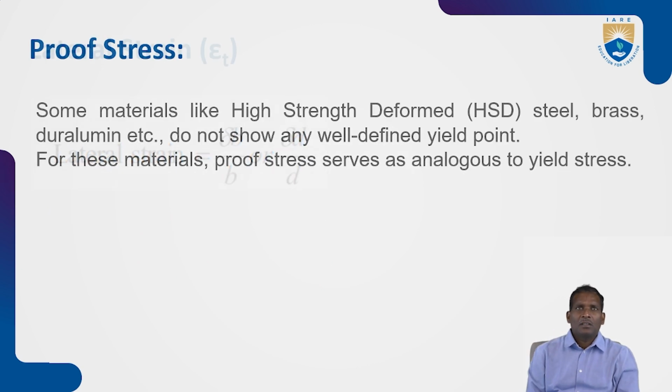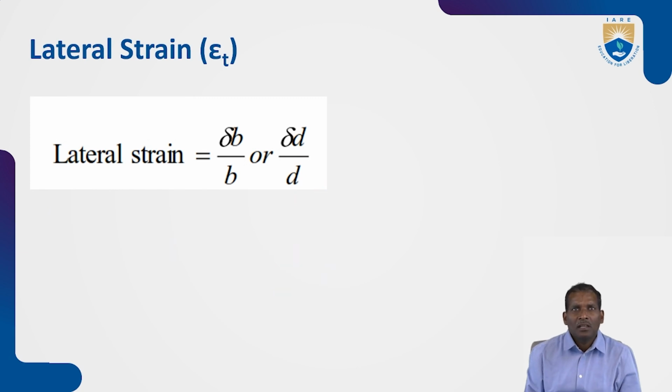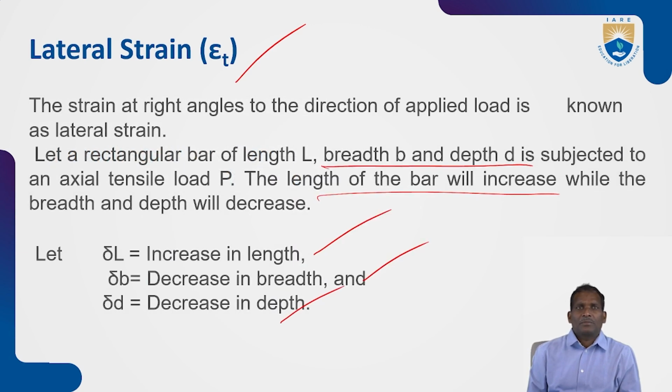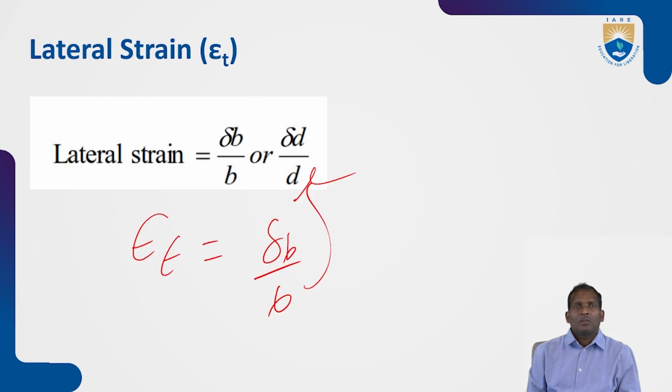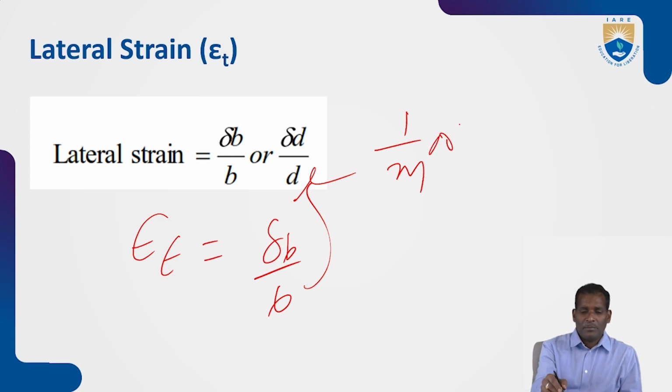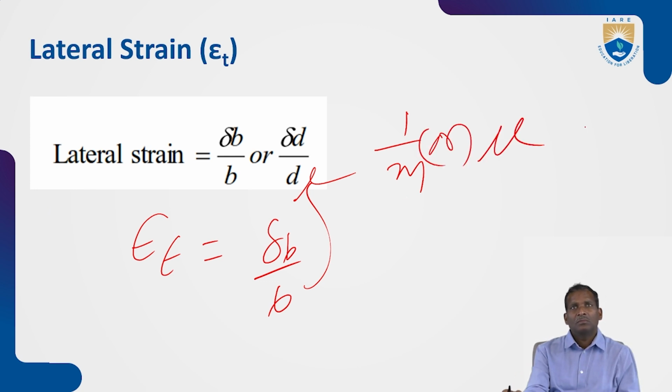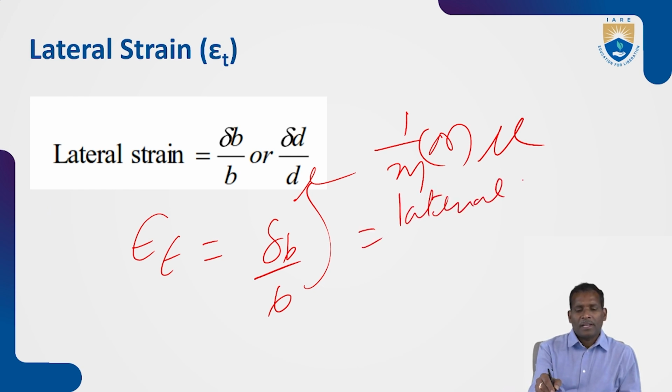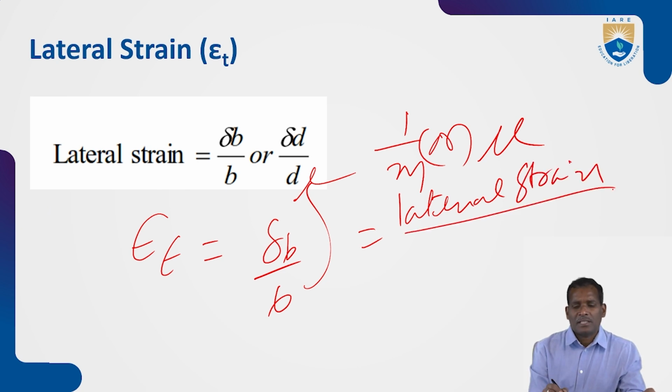These two strains are very important while calculating Poisson's ratio. So you have lateral strain and linear strain, and now you can calculate the Poisson ratio, as we discussed earlier. 1 by m, or mu, is equal to lateral strain by linear strain.